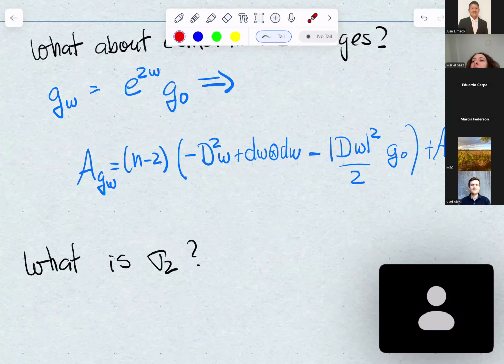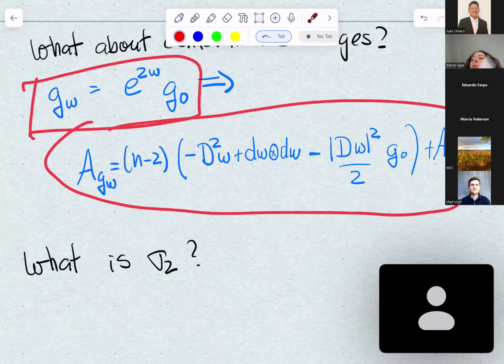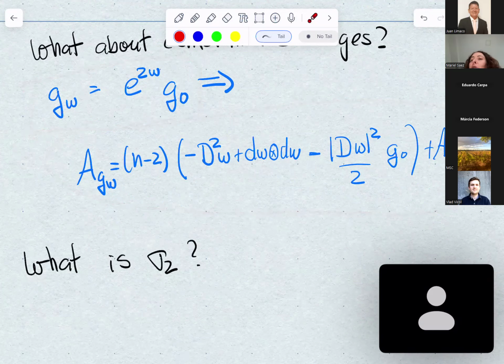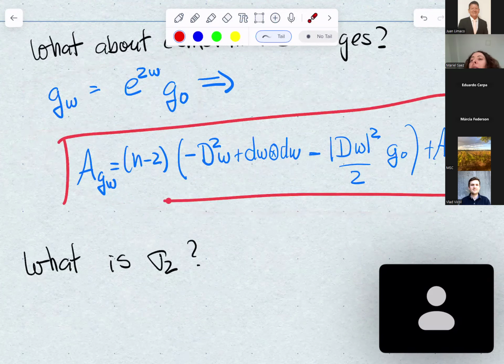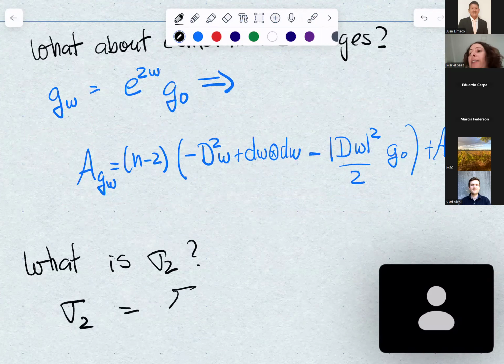So here I have how this scales under conformal changes. If you take the metric in this form, then what you're going to see as your new Schouten tensor is going to look like that. And sigma 2, what it's doing is taking the eigenvalues of this matrix and taking all the sums of eigenvalues of this form.